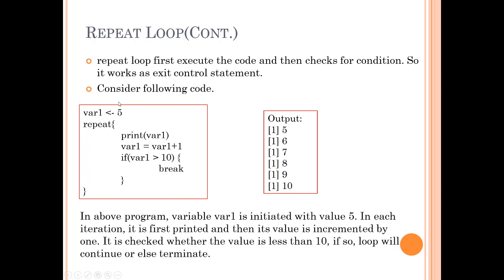So repeat loop will execute at least once, just like do while loop. As it is starting with 5 and we are breaking when the value goes beyond 10, in the output we will see 10 also. So 5, 6, 7, 8, 9 and 10 is the output. What the break function does we will see in the next section.